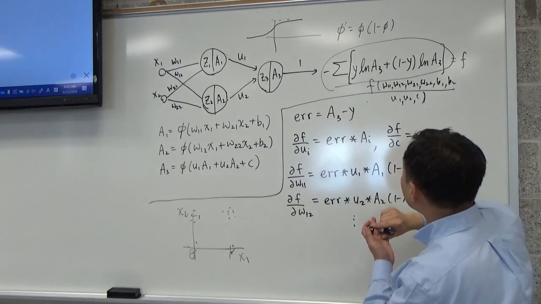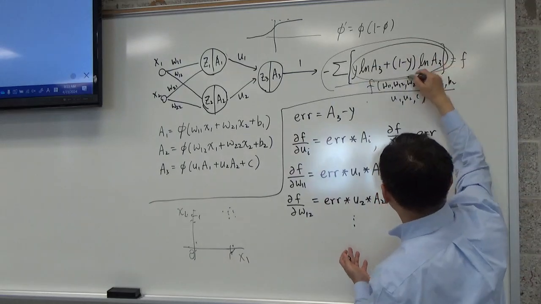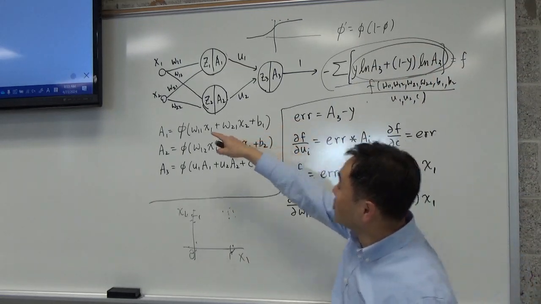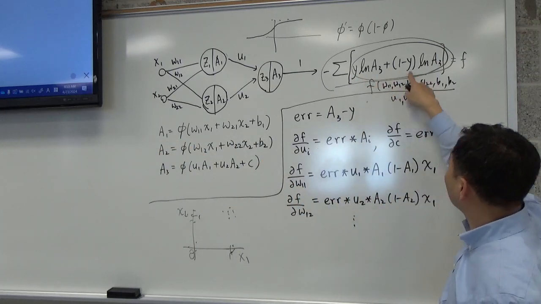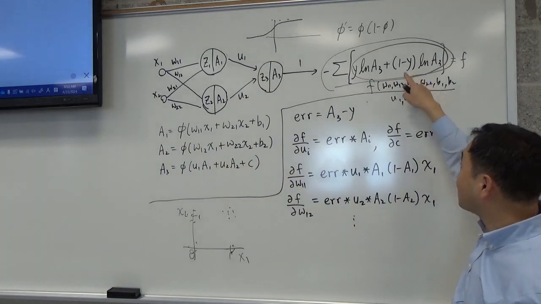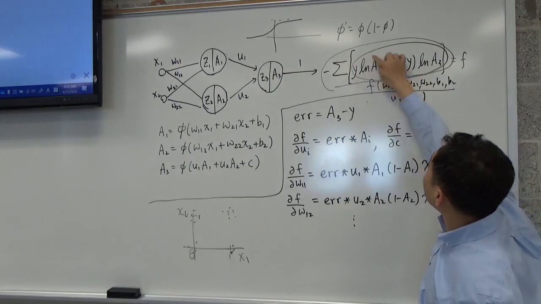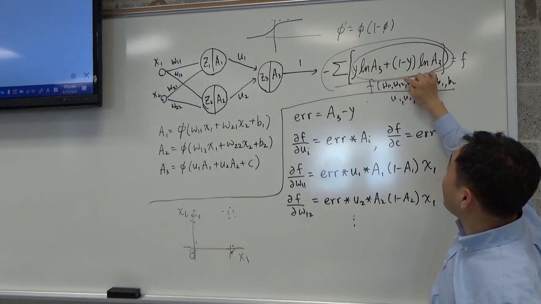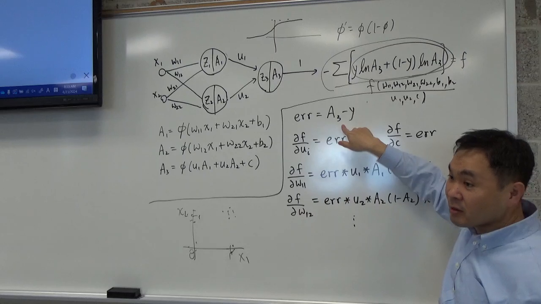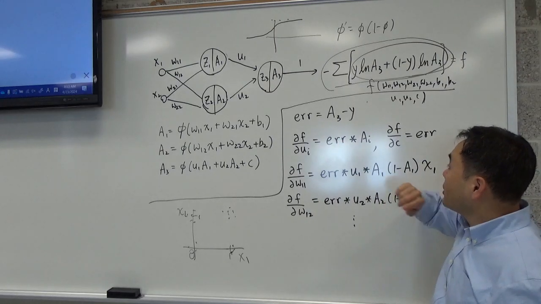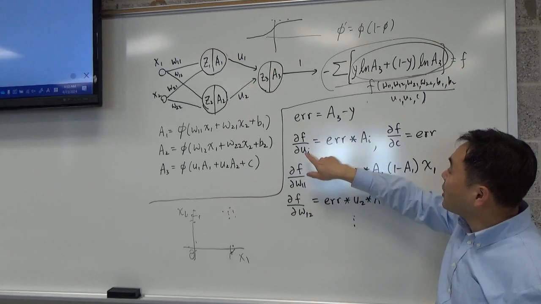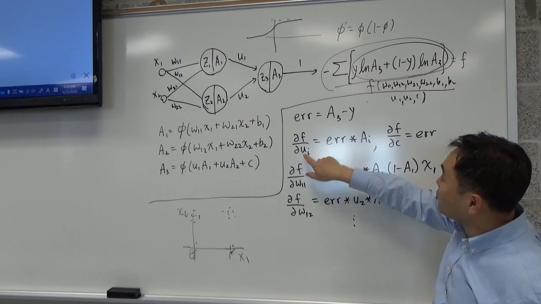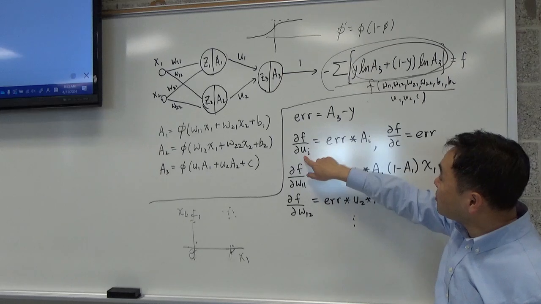So I'm just thinking of the derivative of this thing for a single pair of x1, x2 versus one single value that the output should have. So if you differentiate this function with respect to A3, this is exactly what you get. And then if you differentiate this function by u1, let's see what that does.